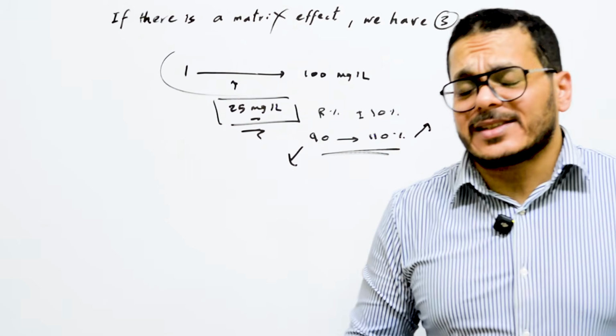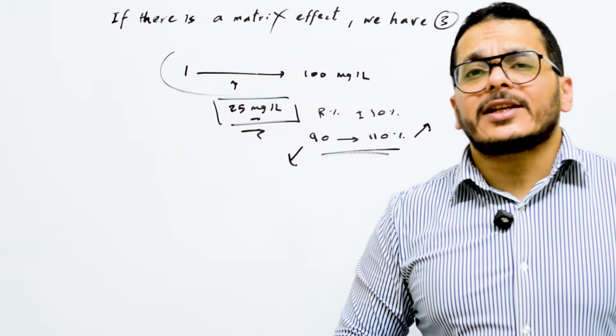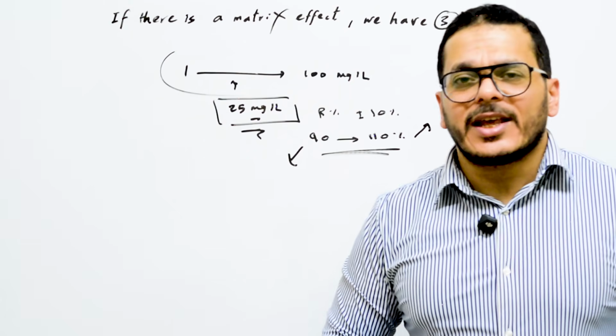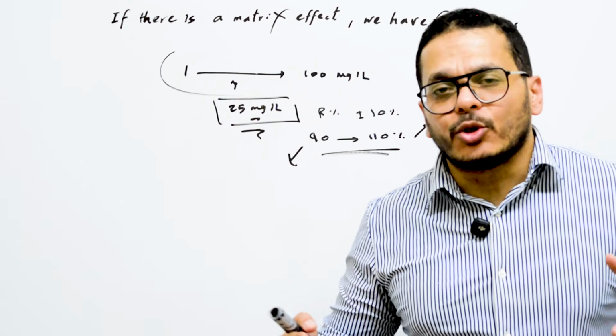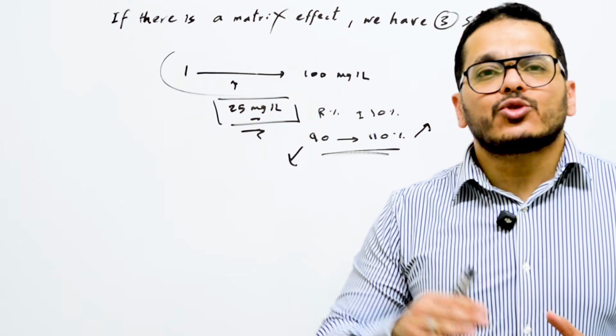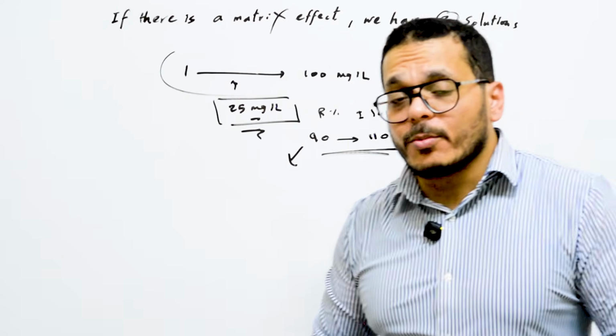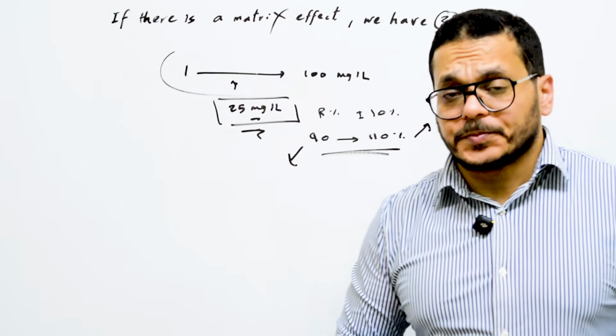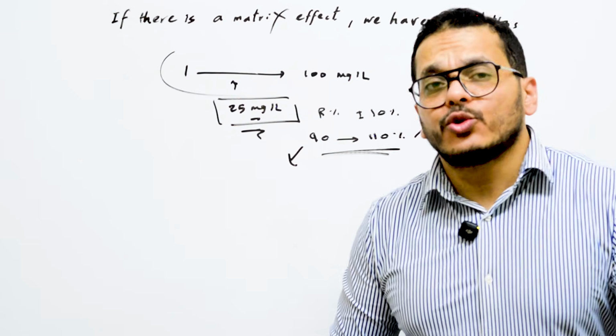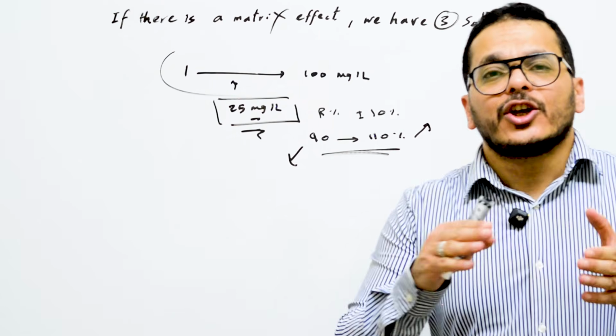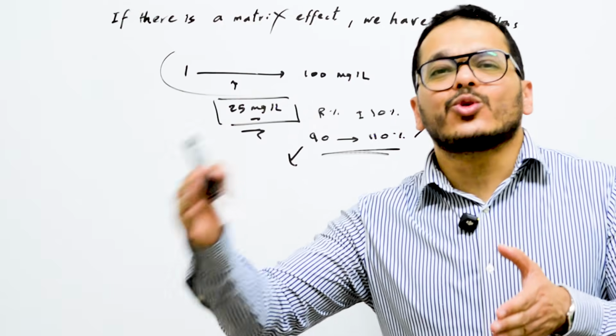But in some other cases, they need to run the calibration with every sequence. For example, in case of degradable or volatile compounds, they need to run calibration daily with every sequence to be sure of their quantitation. In these cases also, you need to run a verification standard to ensure that this calibration was accepted.